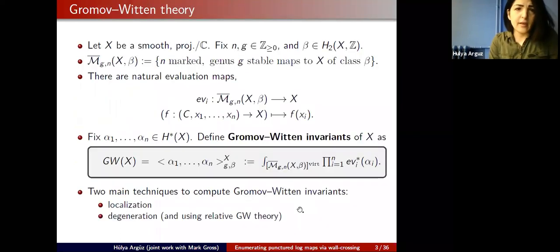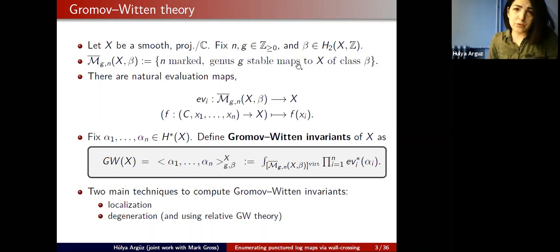All right. So to recap classical Gromov-Witten theory, what you're interested in is this. You have a smooth projective variety X over C. You fix two non-negative integers n and g, and a curve class beta in H_2(X), and then you consider the moduli space M-bar_{g,n}(X,beta) consisting of n-marked genus g stable maps to X of class beta.